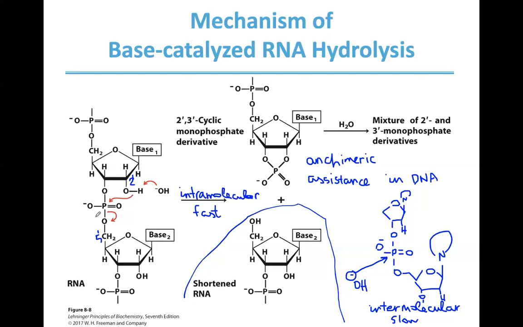No hydroxy group, no hydrolysis. There is a hydroxy group, the reaction becomes intramolecular, fast, and the phosphodiester bond breaks down quickly. So anchimeric assistance from organic chemistry 2 is responsible for the natural selection of DNA as this information storage. Right. Any questions? Okay.